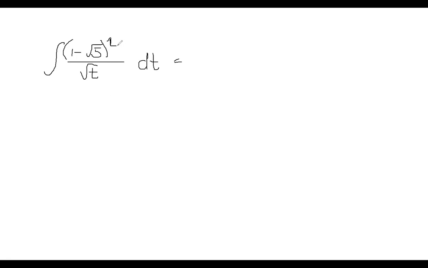Since we have a square here, let's simplify that, and we will come up with 1 minus 2 square root of 5 t to the power of 2 over square root of t.